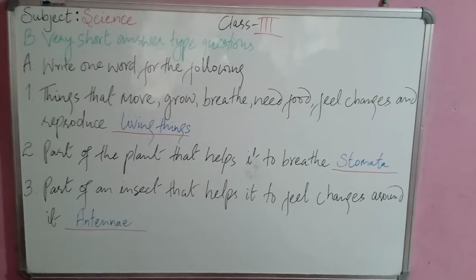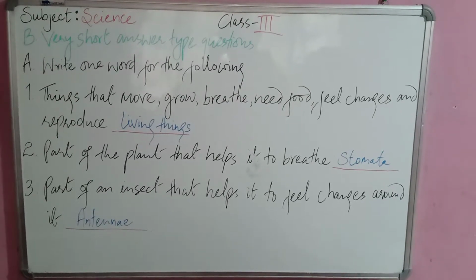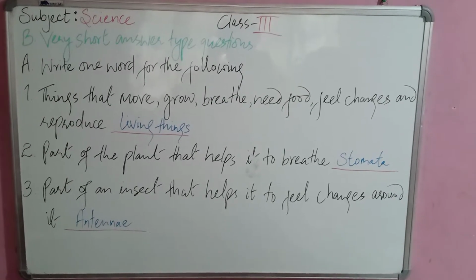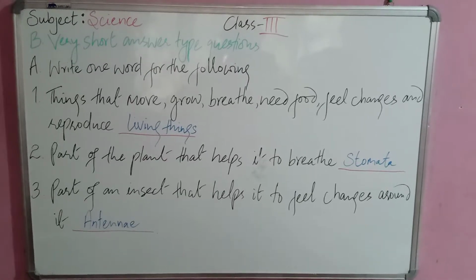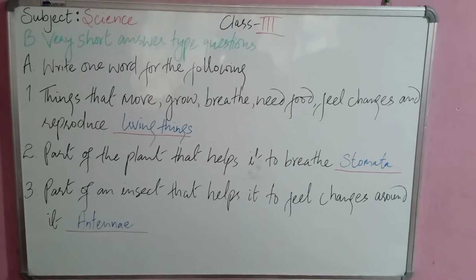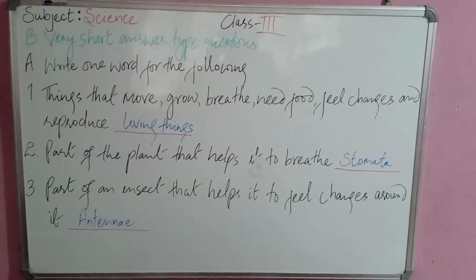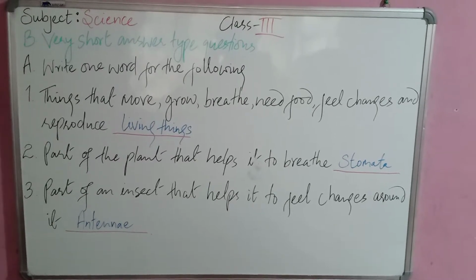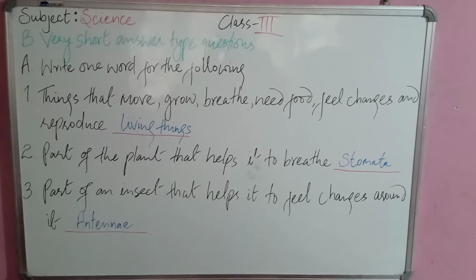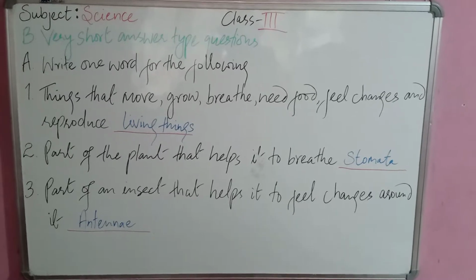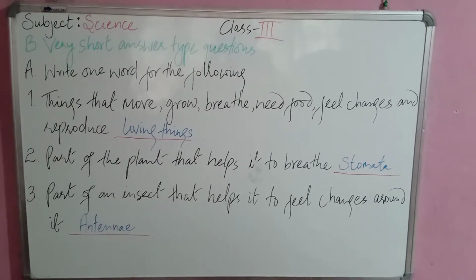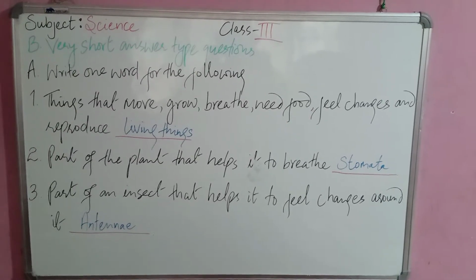Then question number 2: part of a plant that helps it to breathe. That will be your stomata. And then question number 3: part of an insect that helps it to feel changes around it. You have to write antenna. Moving on.